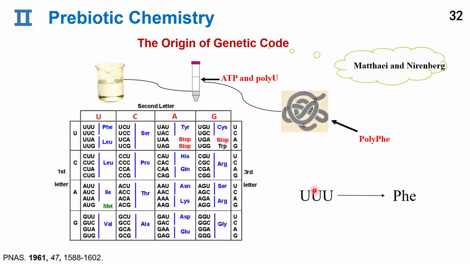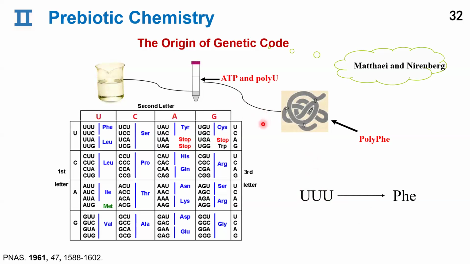Nirenberg and Matthaei conducted a simple yet revolutionary experiment. They used a cell-free extract, basically a biochemical soup containing all the components for protein synthesis, and added two key ingredients, ATP and polyU, a synthetic RNA.